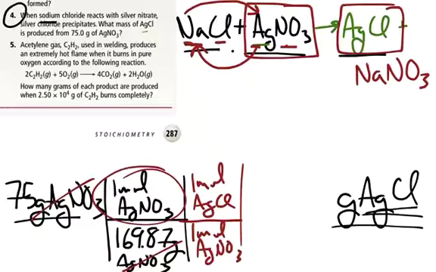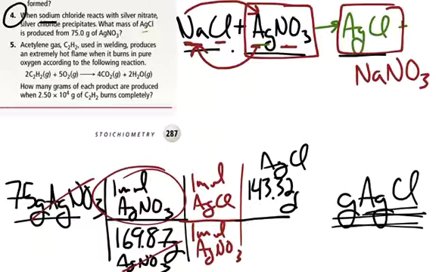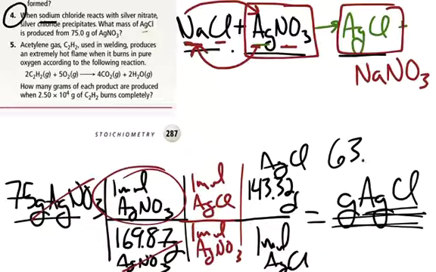This time I need to look up the molar mass of the product I'm looking for, silver chloride. Type that in and find it. So it is 143.32 grams of silver chloride. And my grams is going on top because I'm solving for grams. That gives 1 mole on the bottom. Run through, make sure everything cancels out. If you do, you'll find your answer, which is 63.28 grams of silver chloride.